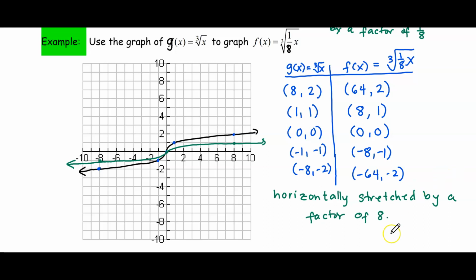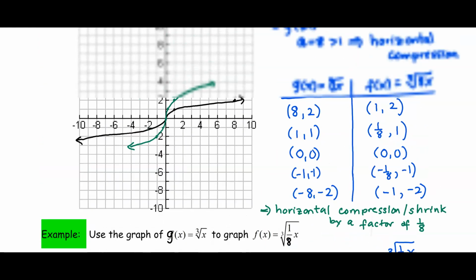So before we end this lesson, I wanted you to take a look at the relationship. So this is f of x equal to cube root of 1/8x, but that means that this graph is stretched by a factor of the reciprocal of this number.